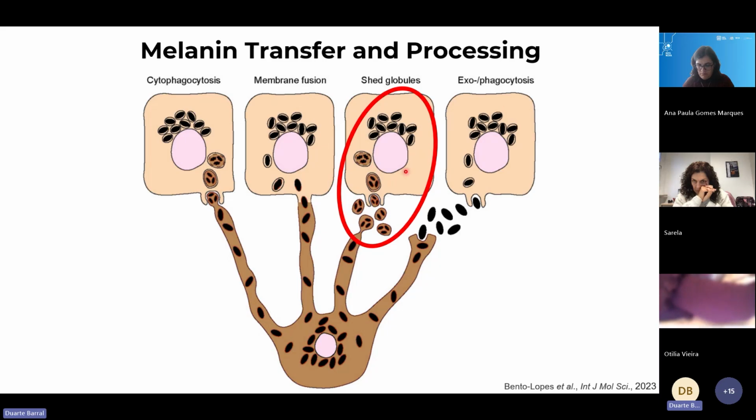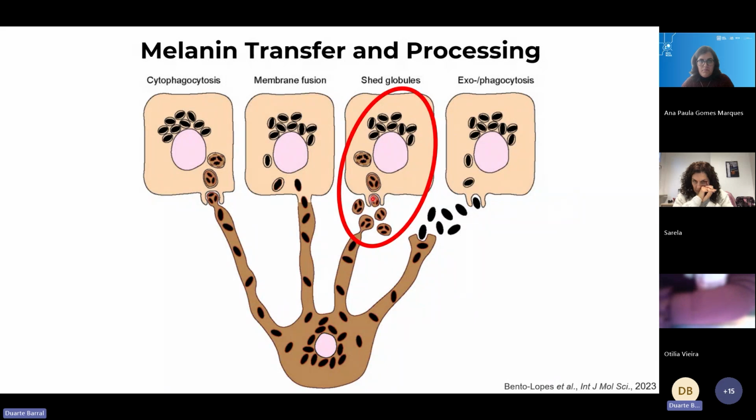Now, in this case of Griscelli syndrome, we think that this transfer route changes because the cell wants to get rid of the accumulated melanin, so it uses a different route as an emergency mechanism, basically to get some of the melanin.